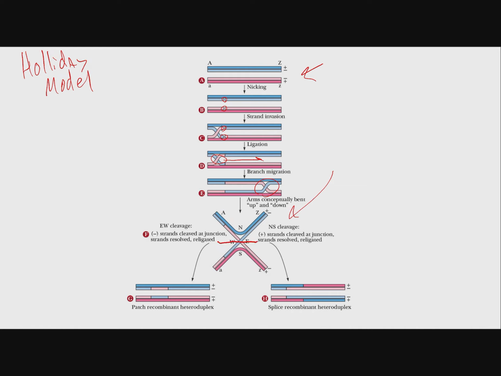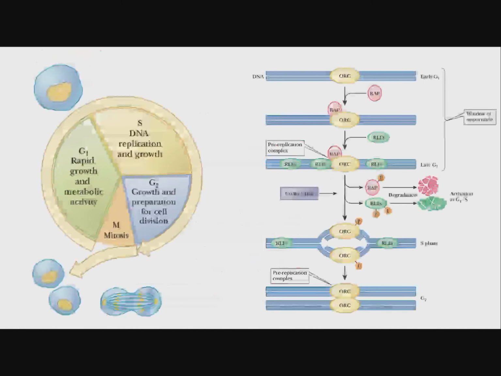This can just get cut right here, and we would end up with two strands. We'd end up with this top half and this bottom half as depicted here. So the plus strand and the plus strand of these two didn't actually get mixed up, but the minus strands got mixed up. There's another version where this also gets folded over, and we end up with the plus strands also getting swapped a little bit too. So this, again, just two different ways of ending this process, but different regions of DNA get mixed with each other.